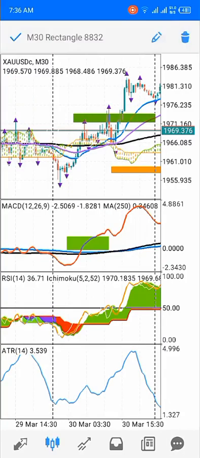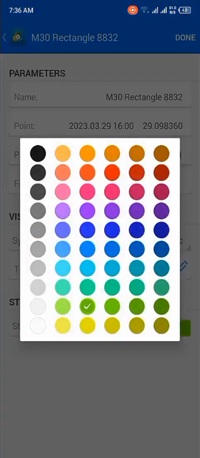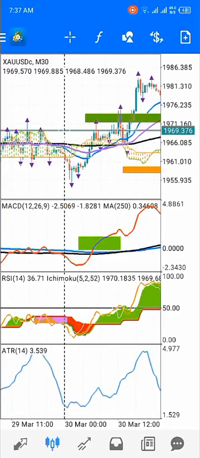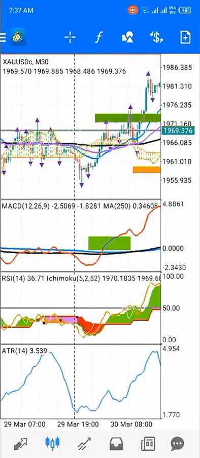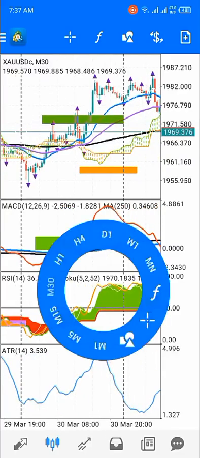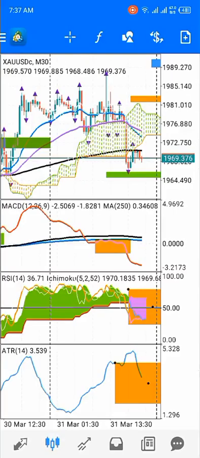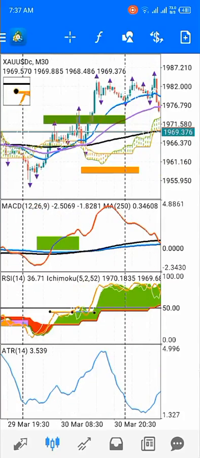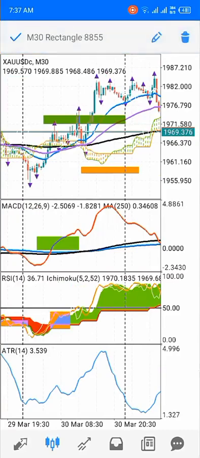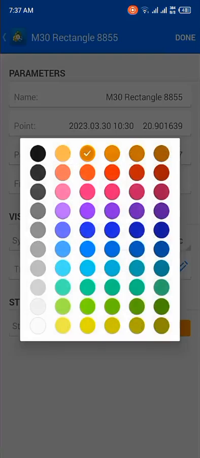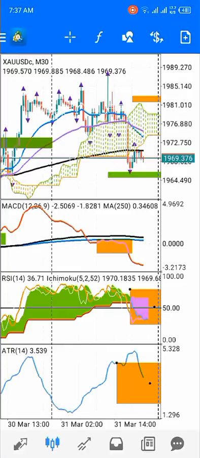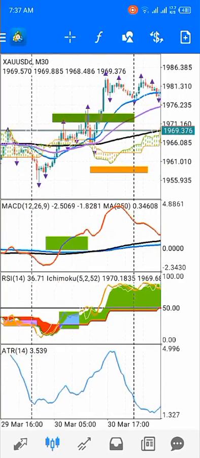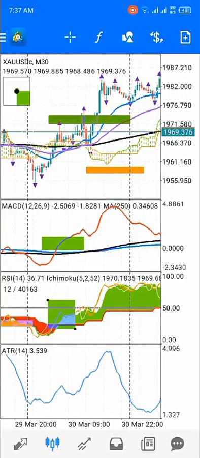Cloud change at that point, you look for sell opportunities. The cloud changed to green at that point, and the orange line crosses above the cloud. You look for buy opportunities around that particular point.